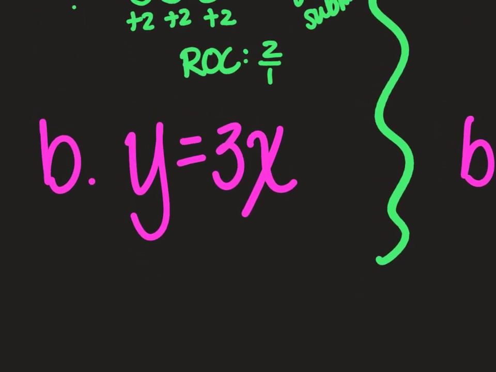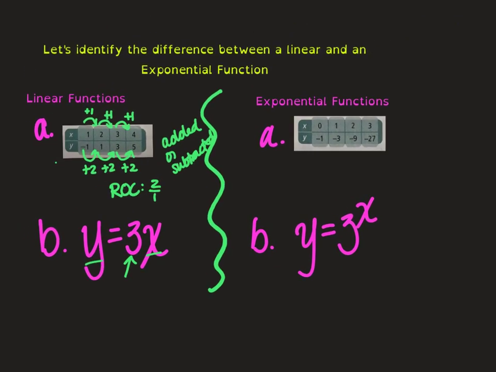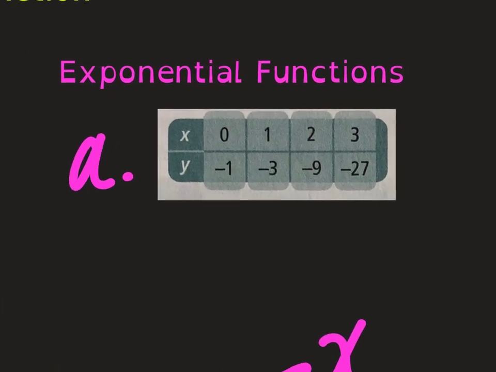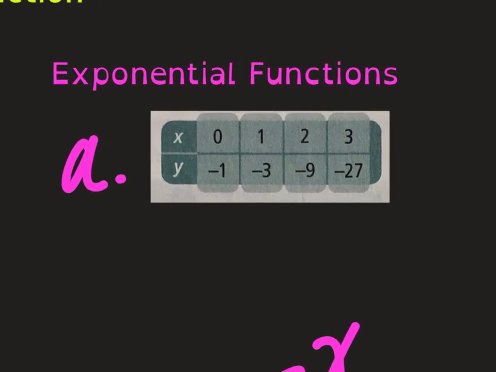Okay, we know that this is a linear equation because you have a y and an x, and we have this constant rate of change. As we take a look at the exponential function table, here we do have a constant rate of change. Notice every time it's being multiplied by 3. But because you're multiplying each previous number by 3, the gap in between these numbers gets bigger and bigger.